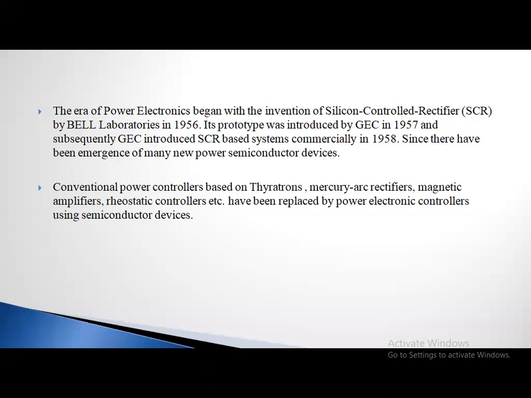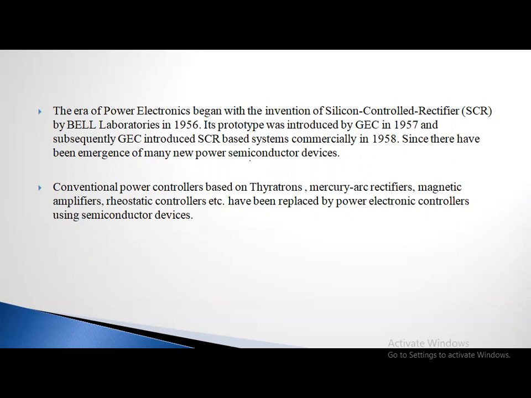So at that time, how did they convert AC to DC and DC to AC? Before 1956 also, we could convert AC to DC and DC to AC, but not by using power semiconductor devices. We were using mercury arc rectifiers. By using these mercury arc rectifiers, we can convert from AC to DC and DC to AC and so on.